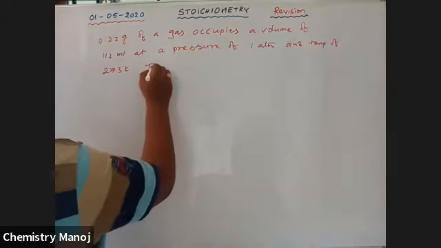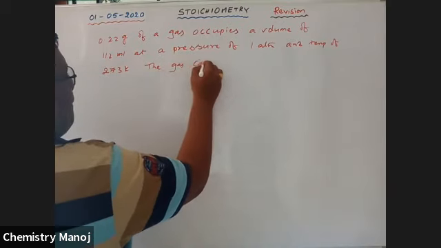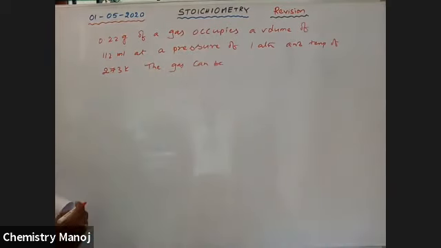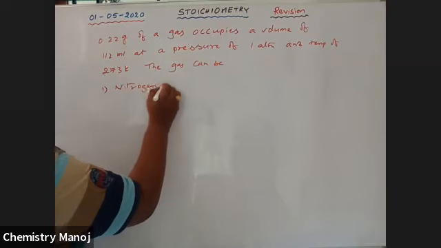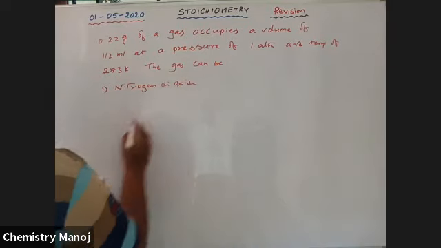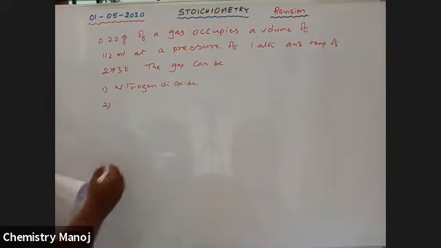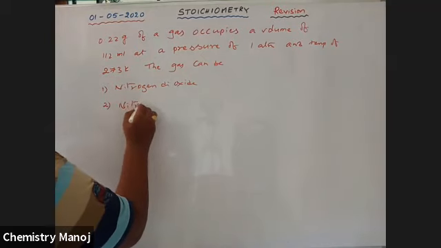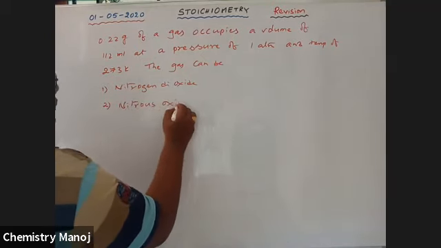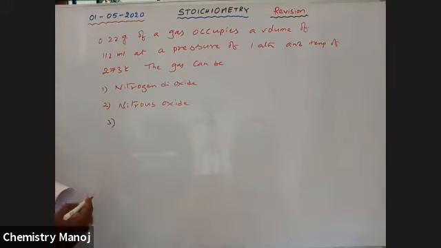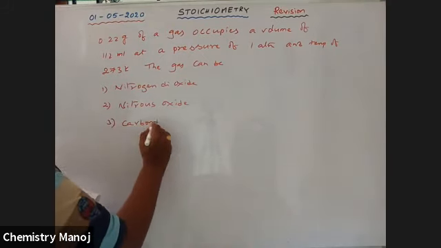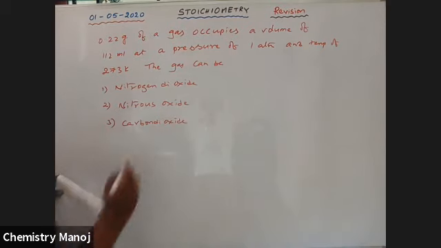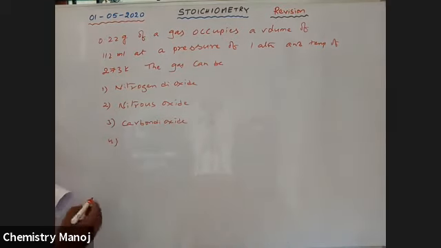The gas can be: option 1, nitrogen dioxide. Option 2, nitrous oxide. Option 3, carbon dioxide. Option 4, propane.